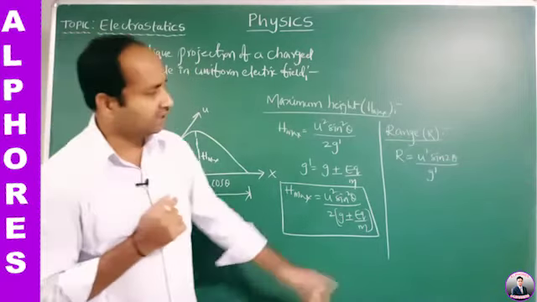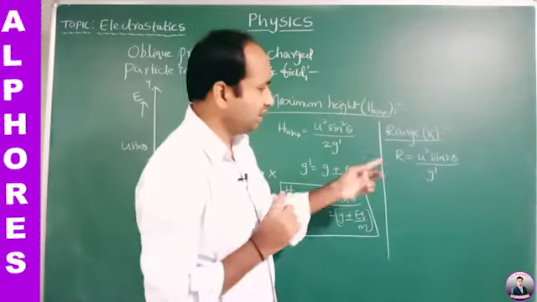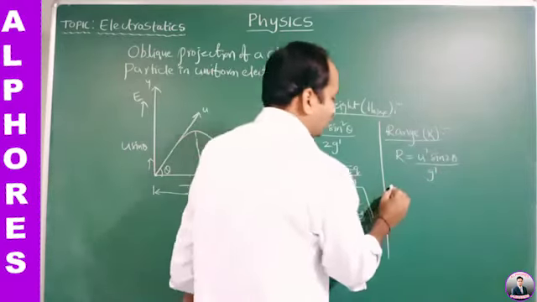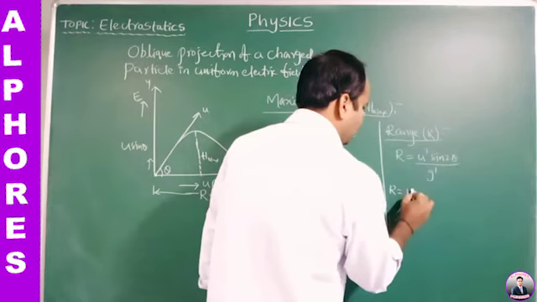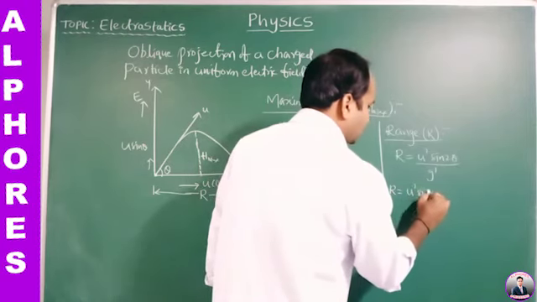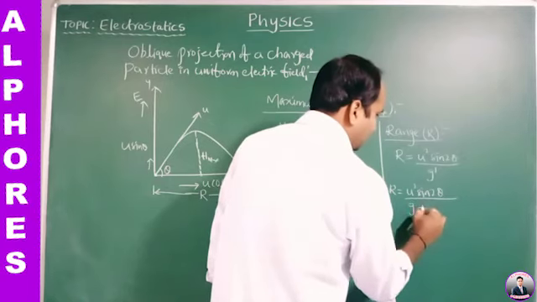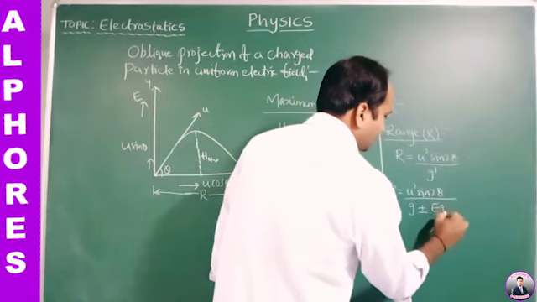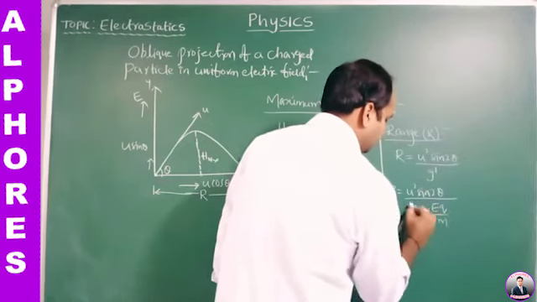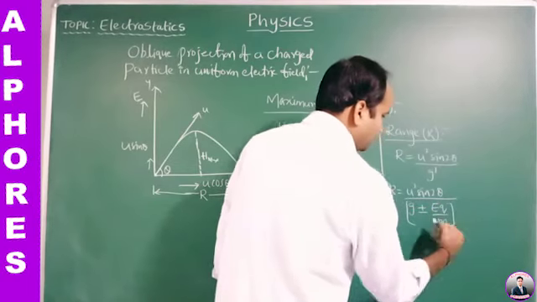If there is no electric field, we may write g directly, but here the electric field is there. So the formula is R equals u square sin 2 theta by g plus or minus eq by m. This is about range.